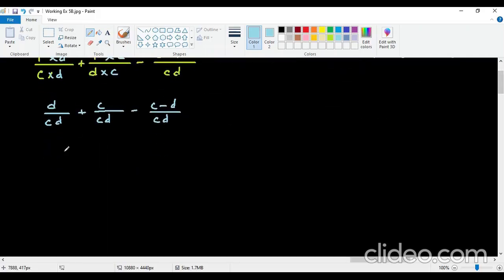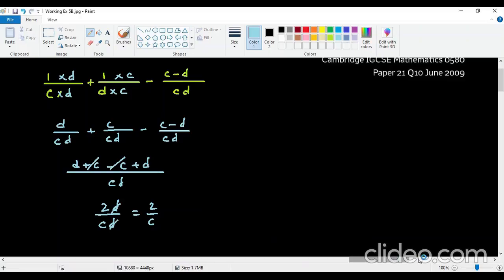I will write this as 1 over cd, and d plus c minus c minus d. So I know very well, cancelling c, and now here we have this is going to be plus d. So 2d over cd, this is going to be cancelled with this. So 2 over c is going to be the final answer.